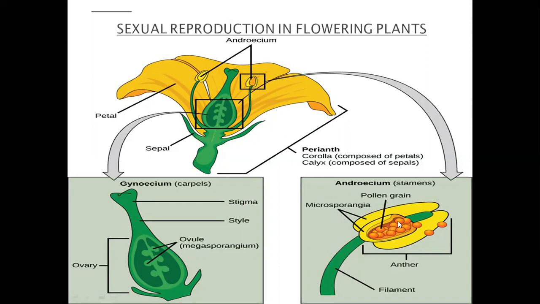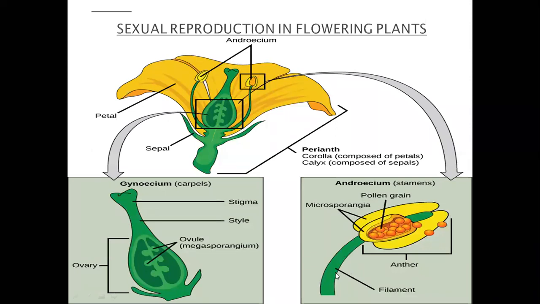It has small grains in it, right? These small grains are called the pollen grains. These pollen grains are present in the anther region, right? And it is making the microsporangia. Its name is microsporangia as well.